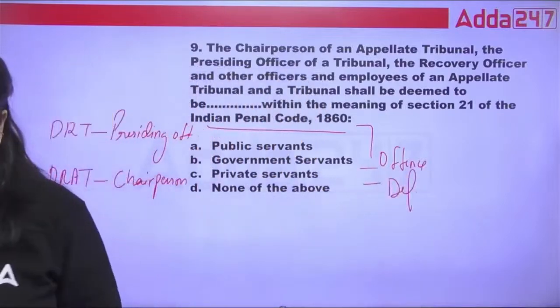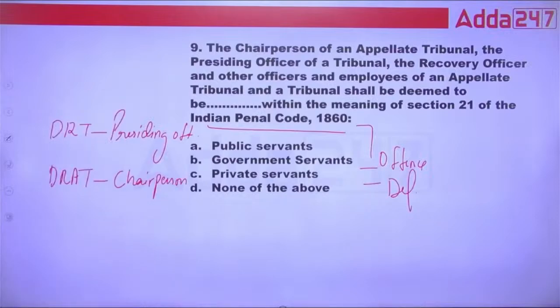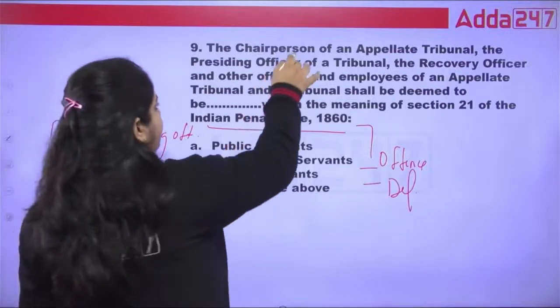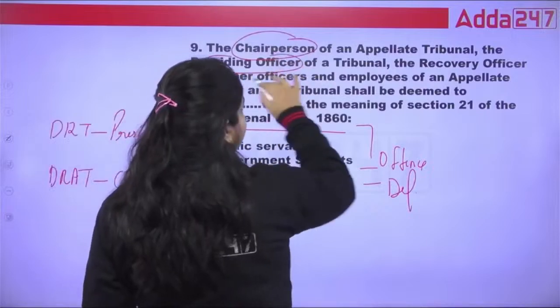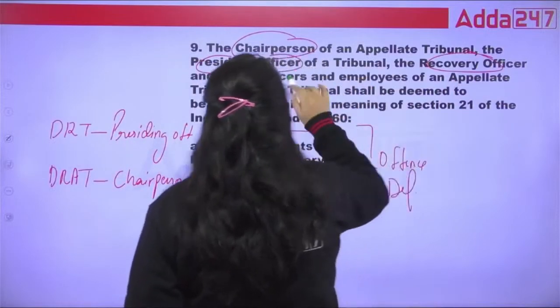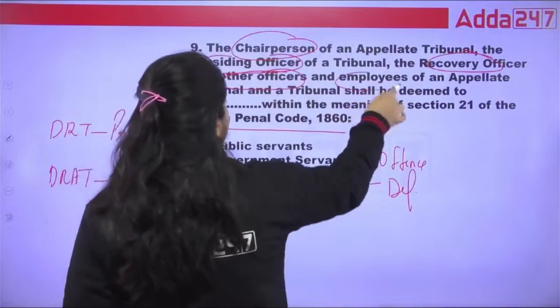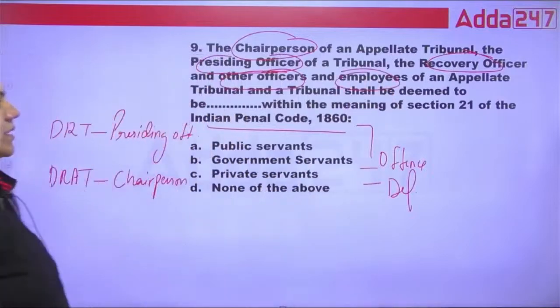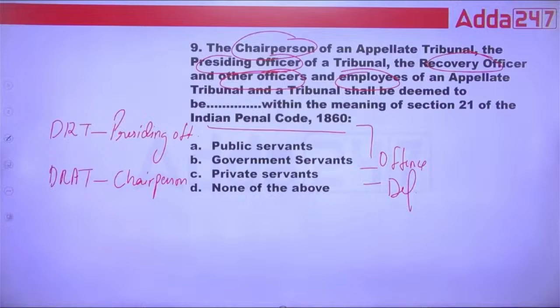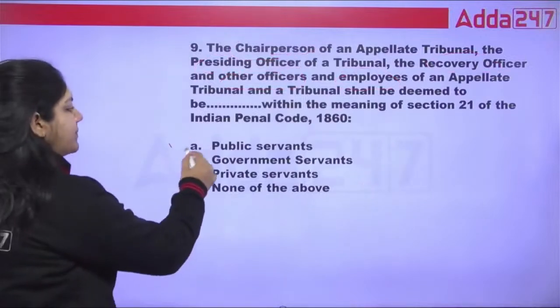That's it. This is called IPC. So the chairperson, presiding officer, recovery officer, other officers and employees of this one will be called as what? Public servant, government servant, private servant, or none of the above. The right answer is that it will be called a public servant.